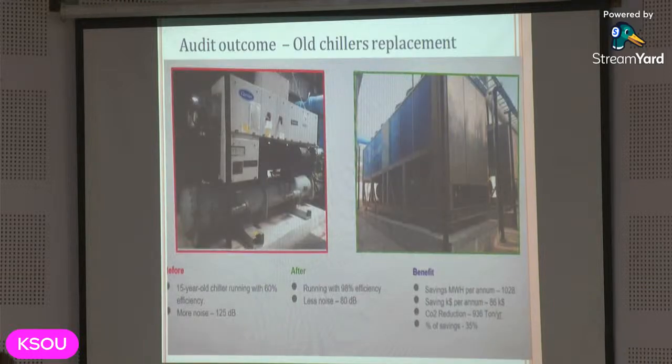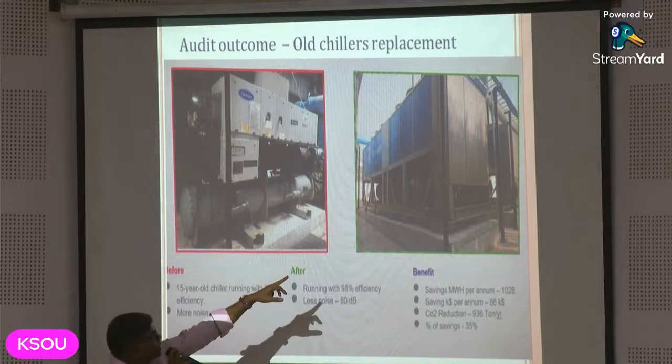Again, this was a 15-year or 20-year-old chiller unit running at 60% efficiency, with more noise also. So an energy audit will not cover only energy, it will focus on other things also. Since they have gone for an audit, at least they can take whatever contributing factors can help industries fix it.